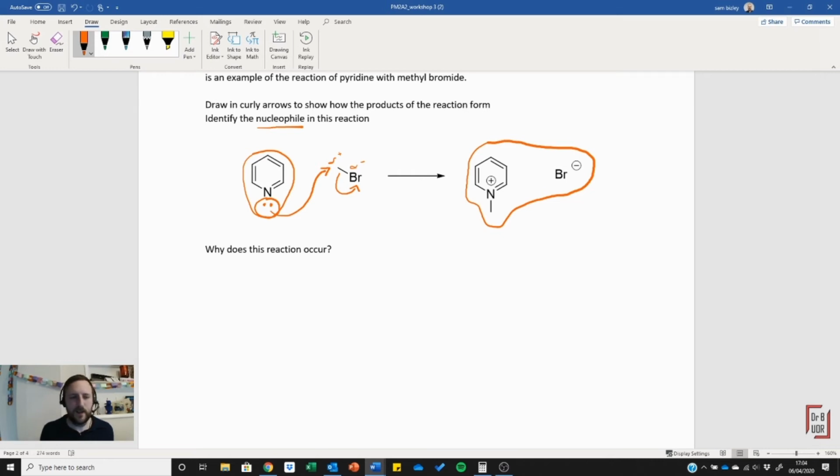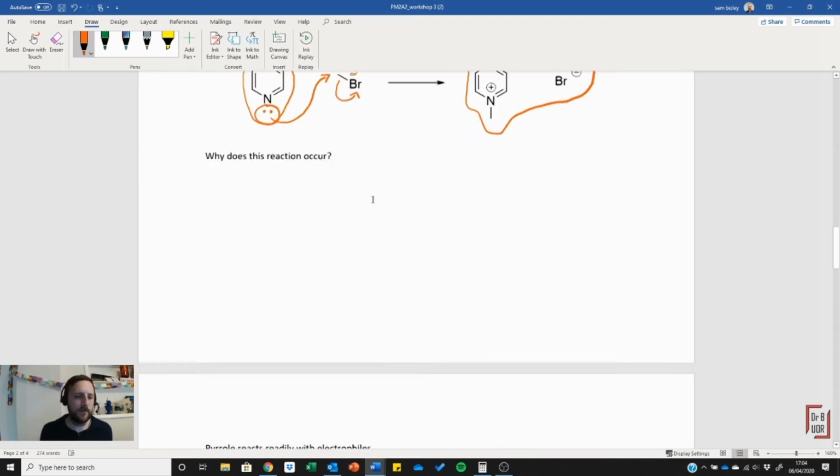So it's that free lone pair of electrons on the nitrogen that allows it to act as our nucleophile and bond to our methyl group on our methyl bromide system. So I hope that's fairly clear. Make sure your arrow is always denoting where electrons are moving.